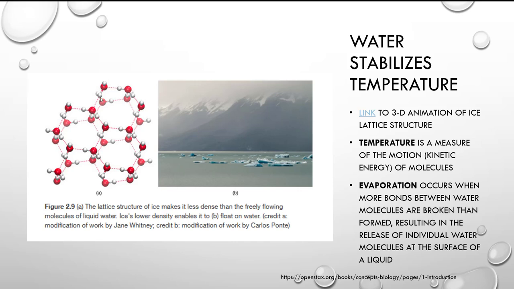When the molecules are slow, the hydrogen bonds stay together longer and the water becomes less dense. When they're liquid, they're constantly forming and breaking. And when the water molecules are moving fast, they're breaking more often than reforming, and so some of them are released as water vapor.